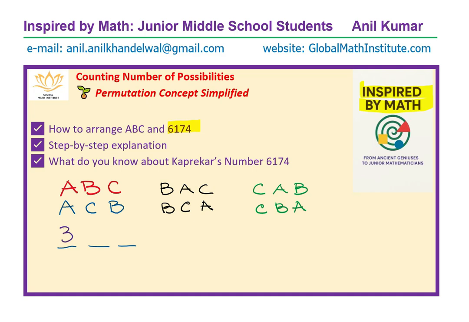As you can see, we have A, B, or C. Any one of them can get into the first space. Now, once we have done that, we are left with two other letters. So, to fill in this next space, we have two ways to do it. Now, once we fill in the two spaces, then we have no other choice but to put the next letter, which is the third and the last, right there. So, that is one way of doing it.